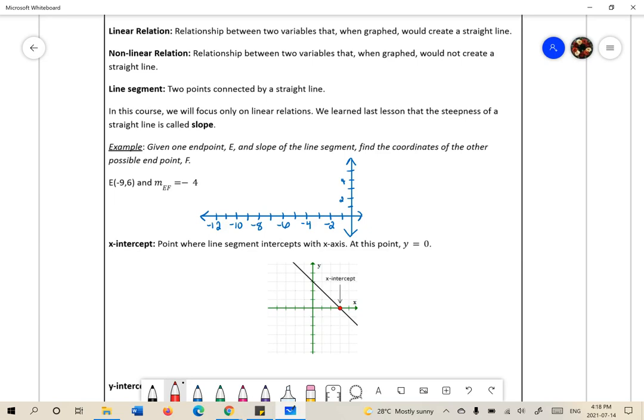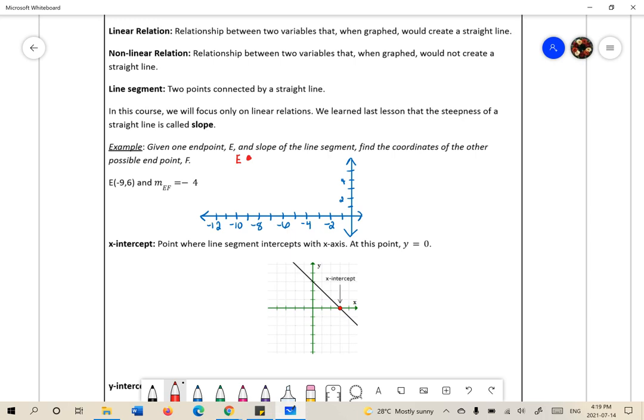I drew the second quadrant much larger, anticipating that I'm going to be working in that quadrant. I'm going to first plot my point E, which is at -9, 6, which is about here. And I'm going to label it E.